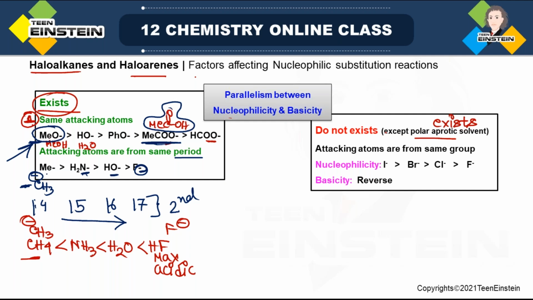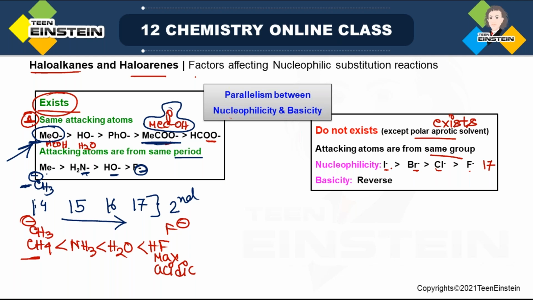Now, what happens when the attacking atoms are from the same group? Here we have nucleophilicity for I minus, Br minus, Cl minus, F minus. All these halogens are from group 17. As you move down, fluorine is from the second period, then chlorine third period, then fourth period, and then fifth period. As you move down, nucleophilicity is increasing.